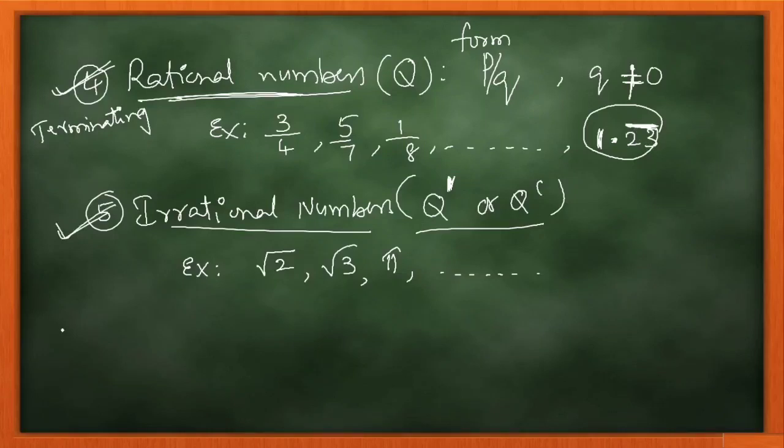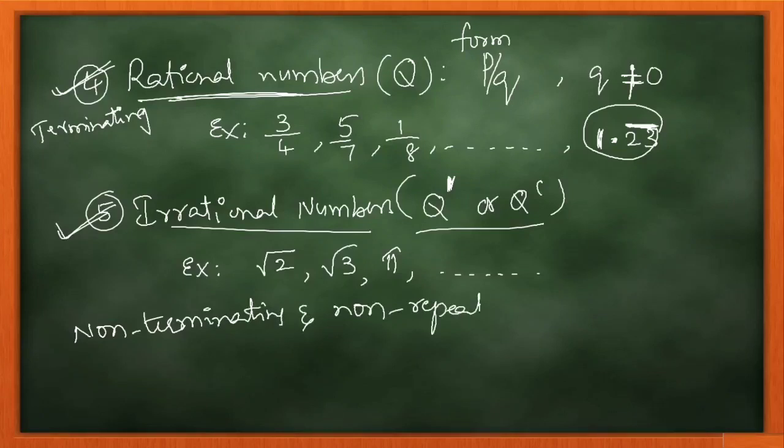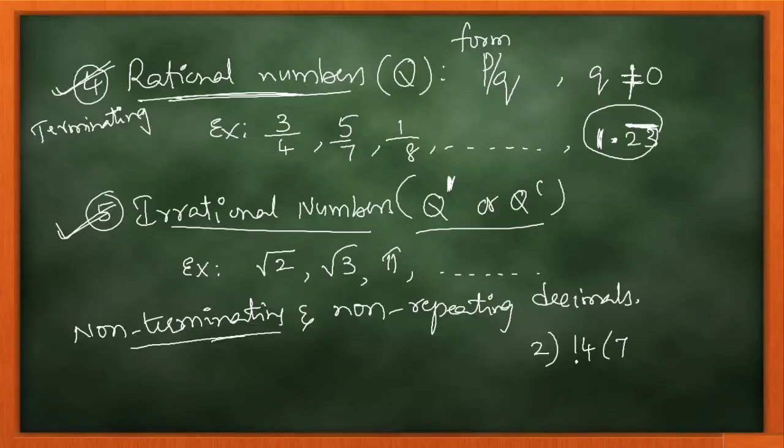And irrational numbers are non-terminating and non-repeating decimals. For example, if 14 is divided by 2, 2 sevens are 14, the remainder is 0, so it is terminating. But numbers that are not terminating and also not repeating are called irrational numbers.